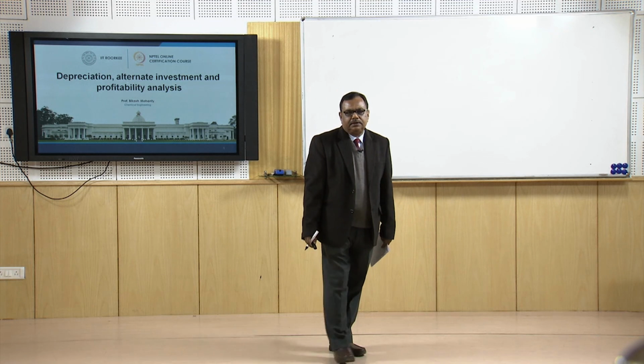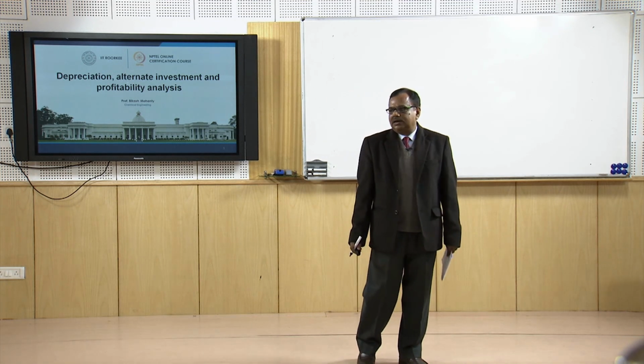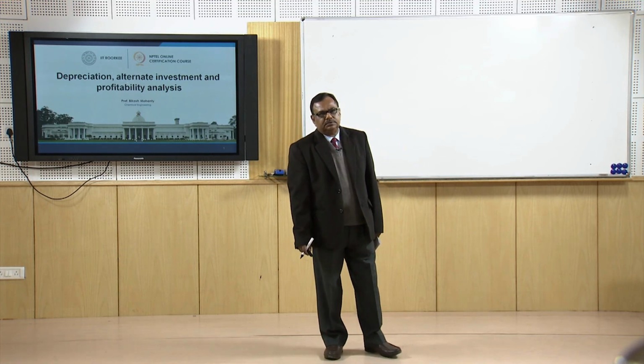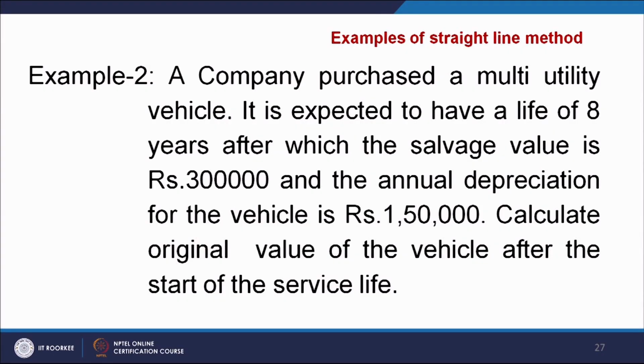Now, let us take another example of the straight line method. Example number 2: a company purchased a multi-utility vehicle. It is expected to have a life of 8 years, after which the salvage value is 3 lakh, and the annual depreciation for the vehicle is 1,50,000. Calculate the original value of the vehicle at the start of the service life.